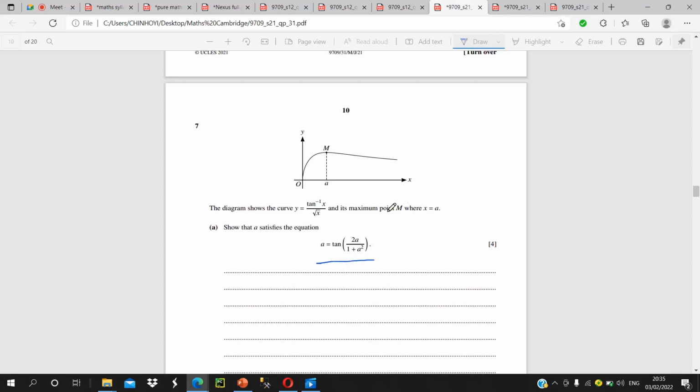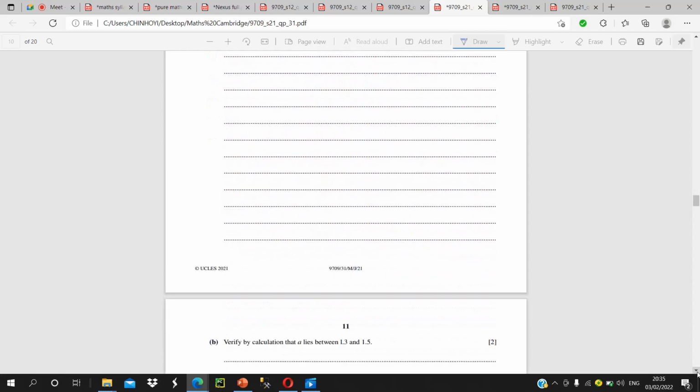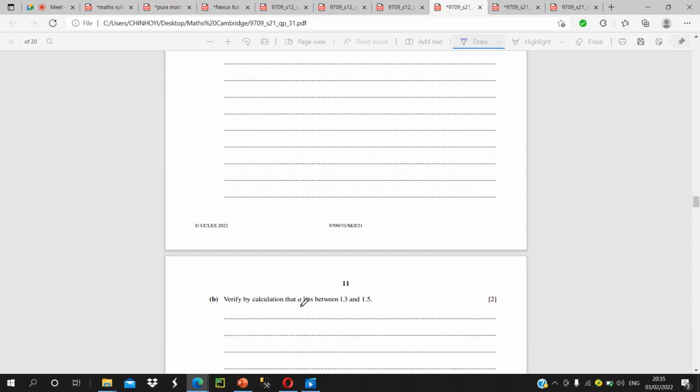Then after having that equation, they are saying verify by calculation that a lies between 1.3 and 1.5.